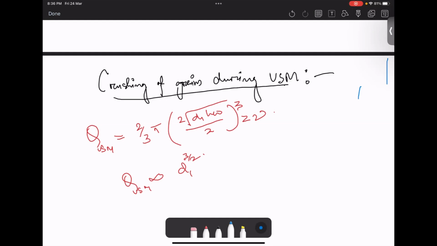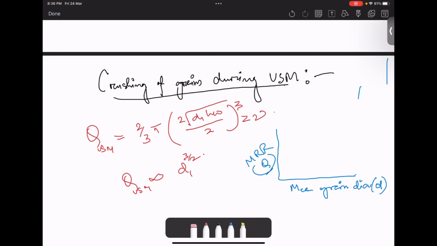So let's suppose we make a graph between mean grain dia D and MRR Q. So it is directly proportional, isn't it?